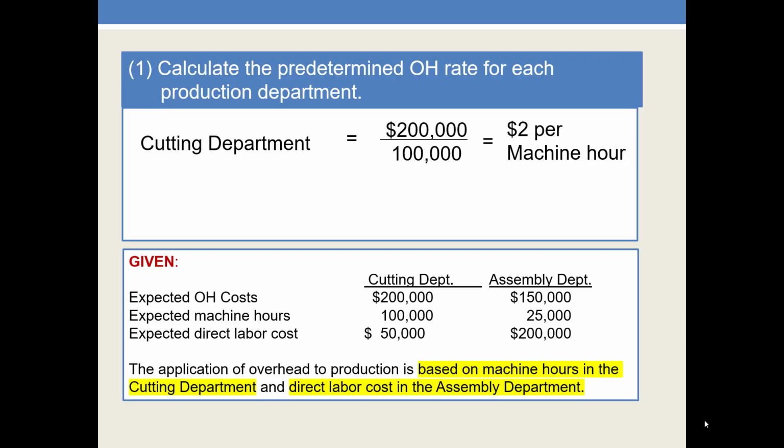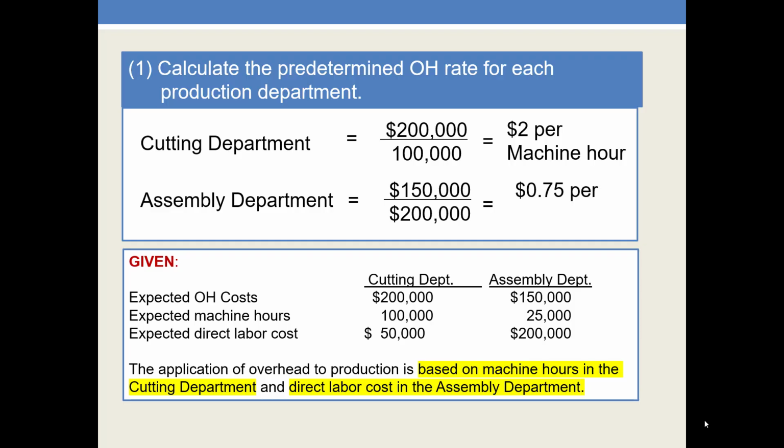For the assembly department, we will take the $150,000 of overhead cost and divide by the labor cost, $200,000. The overhead rate for the assembly department is 75 cents per direct labor dollar.